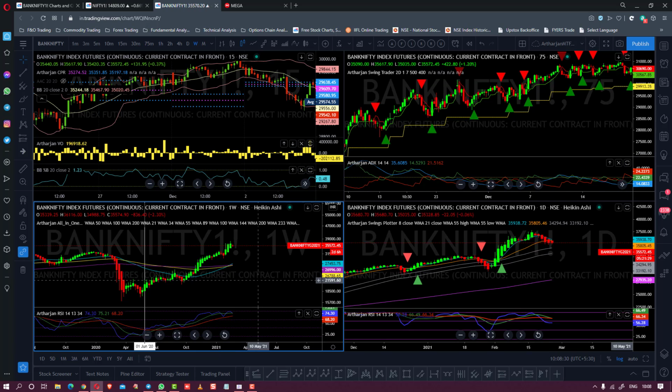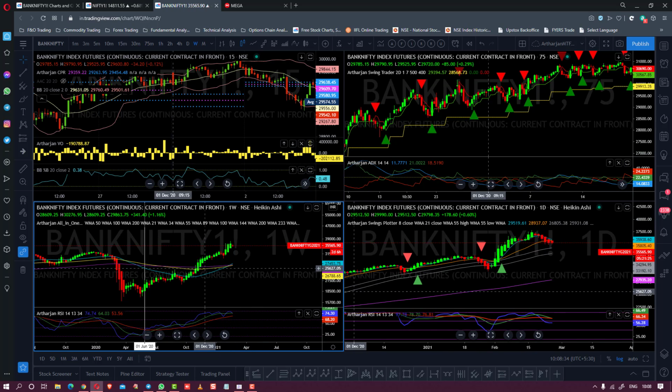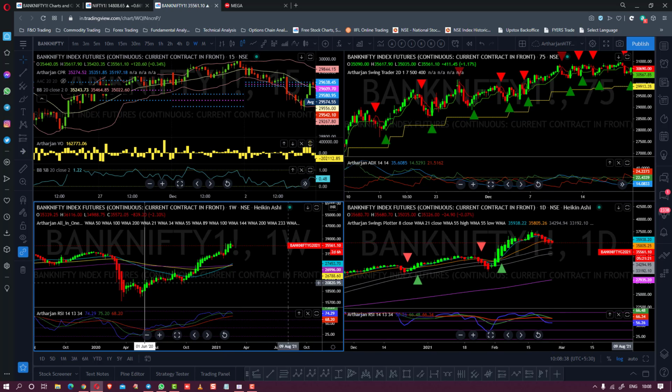The reason I'm using the word temporary is that on a weekly time frame the candles are still above the 50 period, 100 period and 200 period moving averages. But when on a weekly time frame the Heiken-Ashi candlestick color changes from green to red, it is the time to sell the call options.